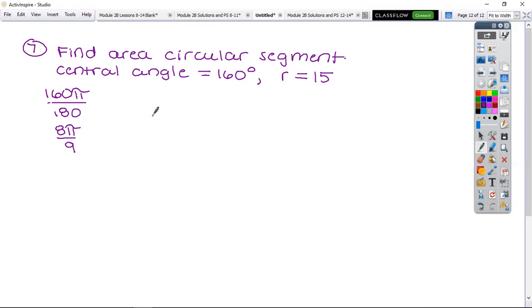Now you do your formula. So my formula is going to be 1/2 r squared times, I'm going to do 8 pi over 9 minus the sine of parentheses 8 pi over 9.